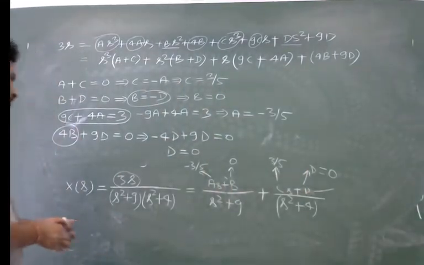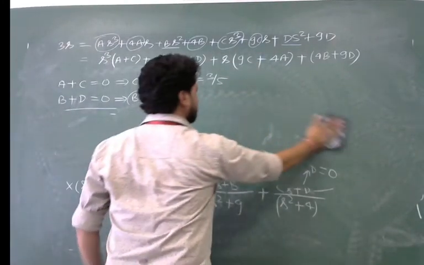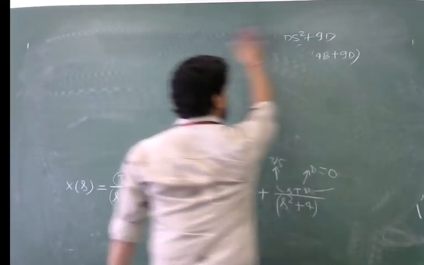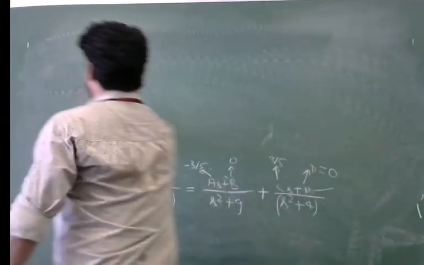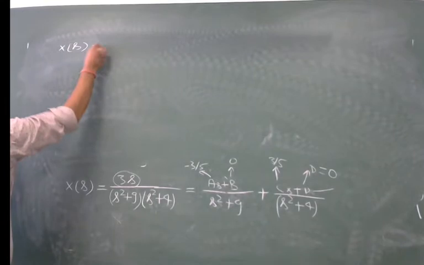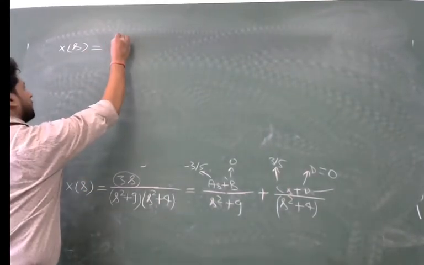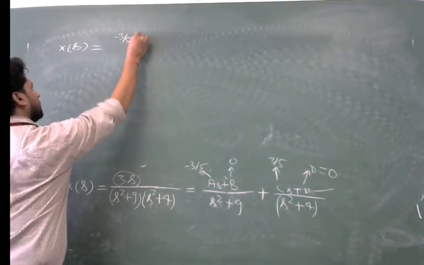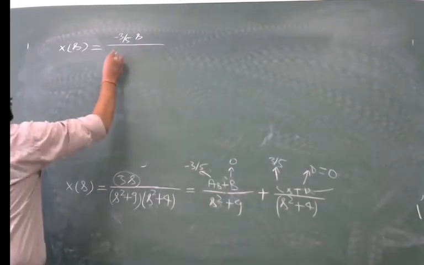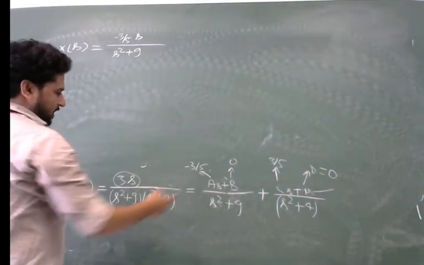Now substitute all these values in the given expression of X of s. So we will get X of s as minus 3 by 5 into s upon s square plus 9 plus b, and b is 0.